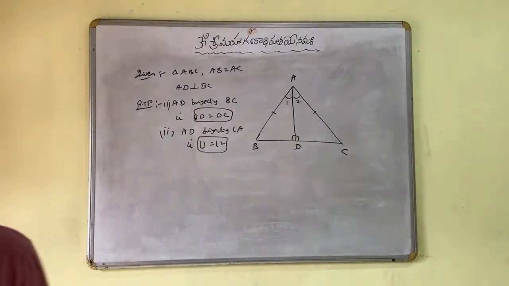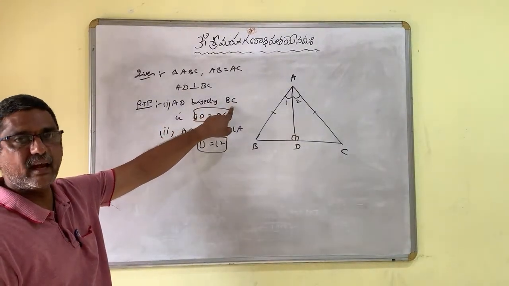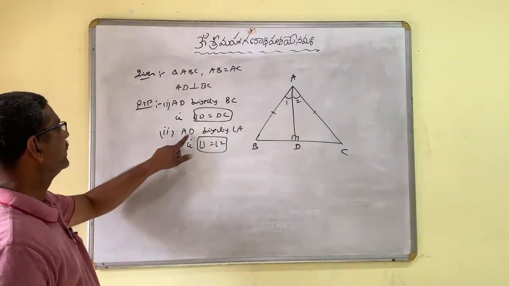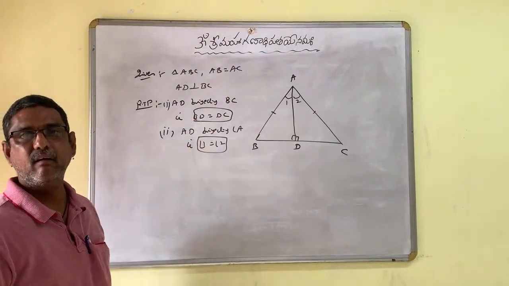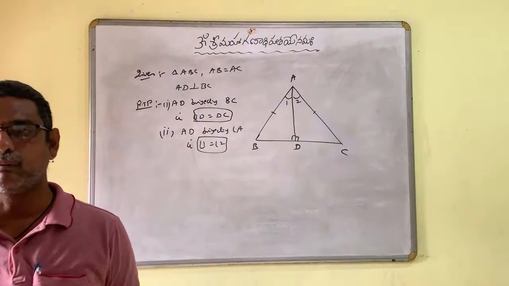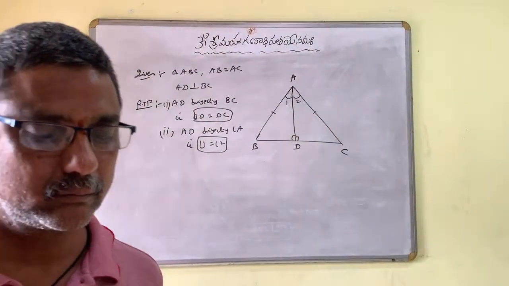I am writing the meaning of it. See, AD bisects BC. What is the meaning of it? We need to prove BD is equal to DC. AD bisects angle A. What is the meaning of it? Angle 1 is equal to angle 2. We need to prove. How to do it? Anyone?